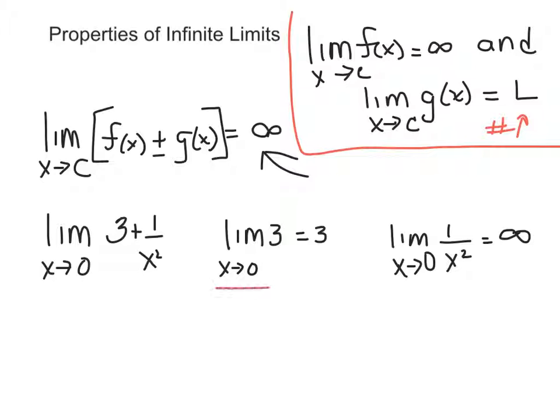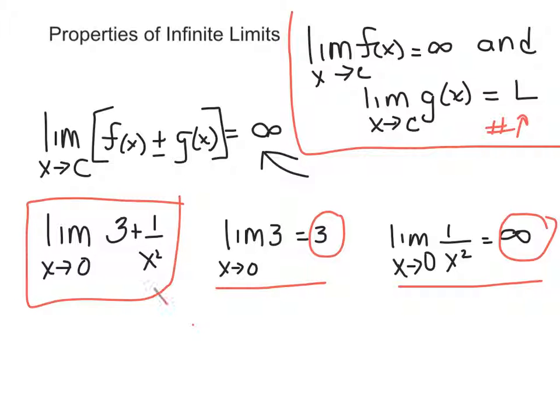I took the limit of 3, which is 3, and then I took the limit of the other part of the function 1 over x squared, which would be 1 over 0, which is indeterminate, and so therefore the limit would be infinity. So according to my rule above, this says if one of my functions has infinity for a limit and one has some number value, then the value of the function when they are combined would be infinity.